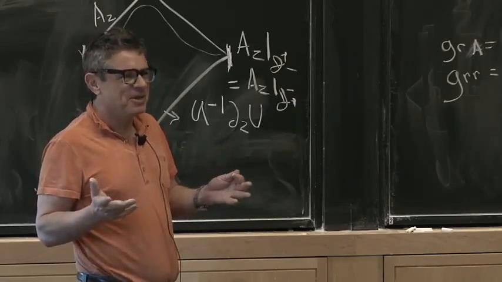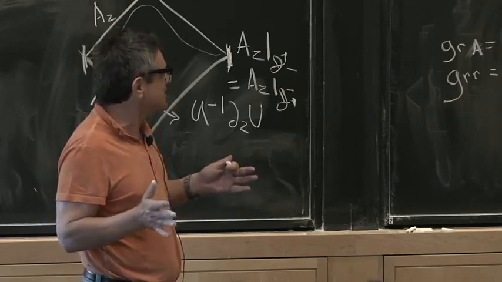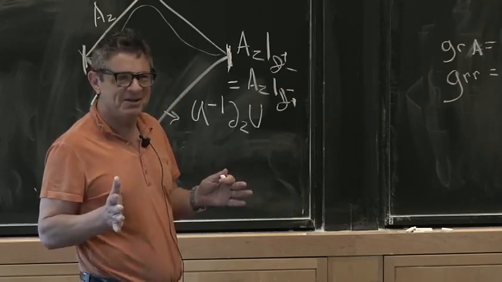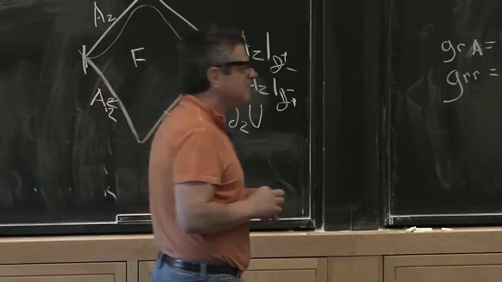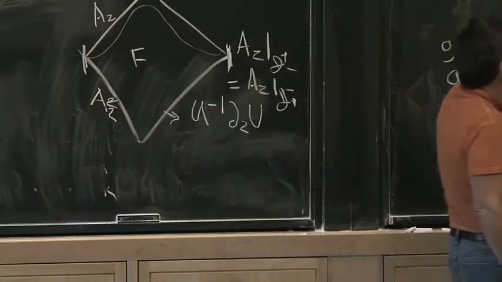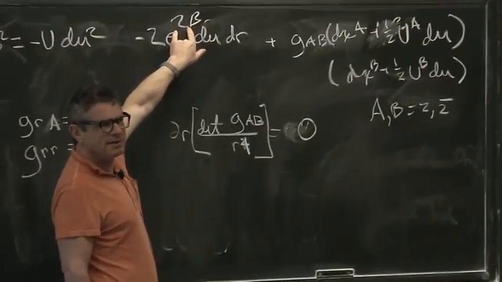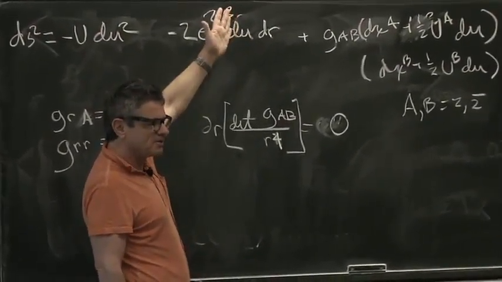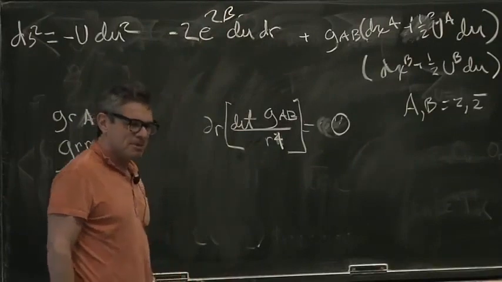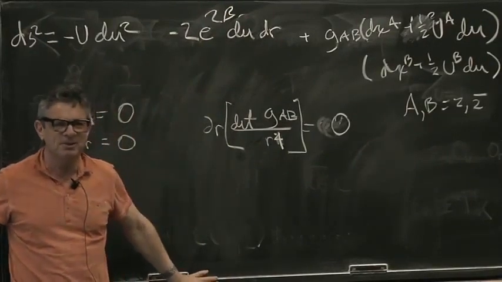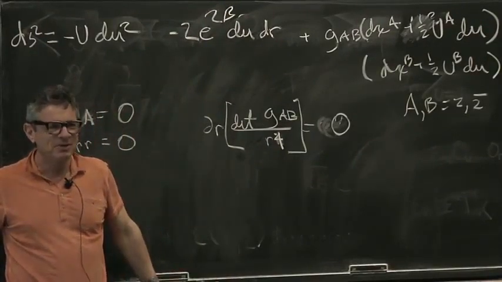So I don't actually think they're a particularly nice set of coordinates. I think it's kind of nicer to, instead of imposing this condition, to set this to 1. That's a different coordinate system.